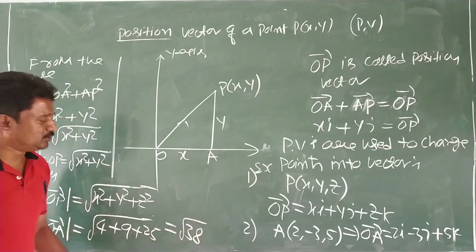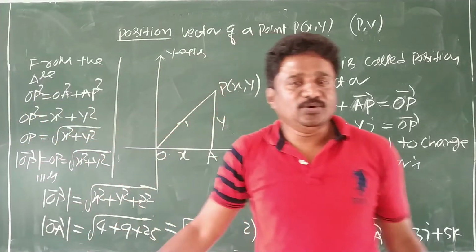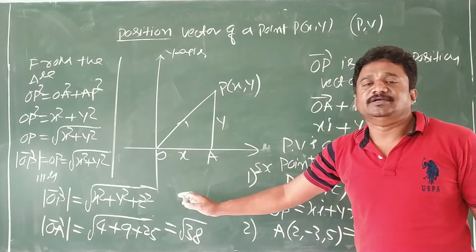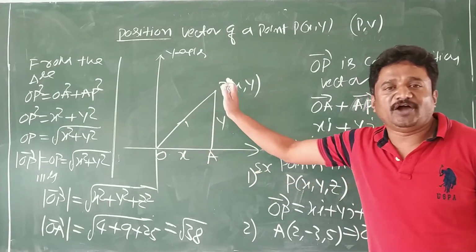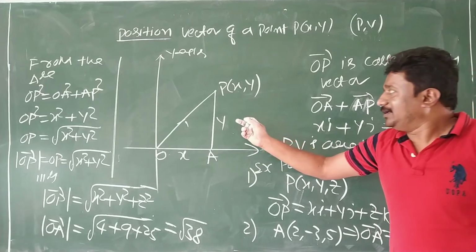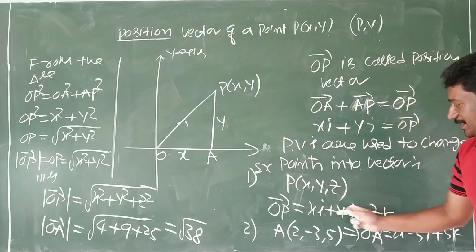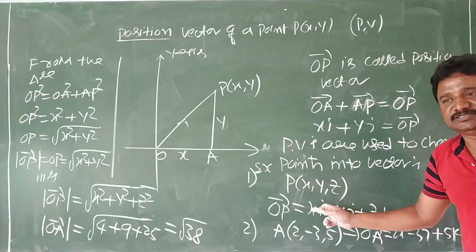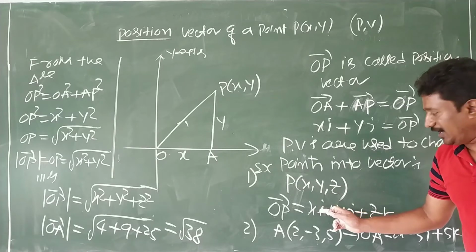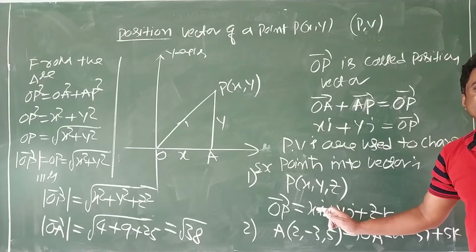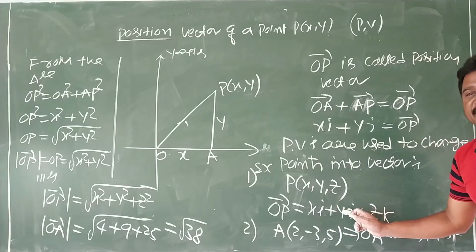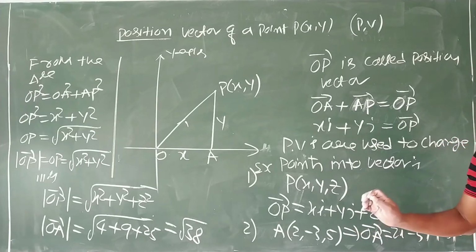I hope you understood, students. So you learnt how to find length. How do you find the length of any vector? Root of i-coefficient square x square plus j-coefficient square y square plus k-coefficient square.